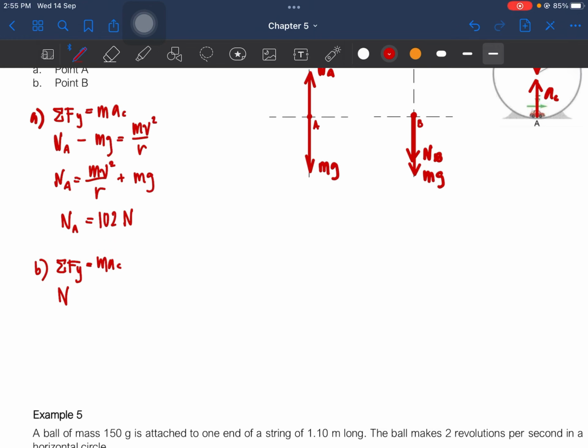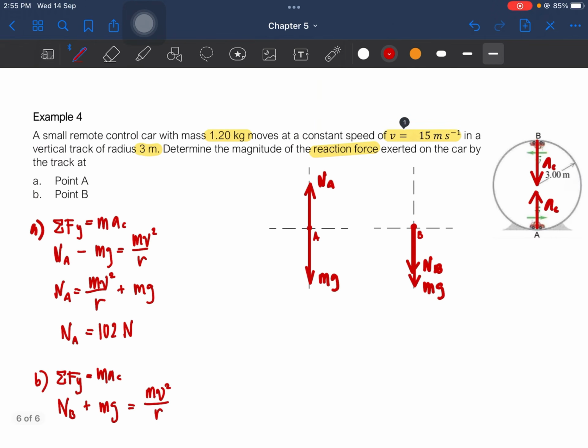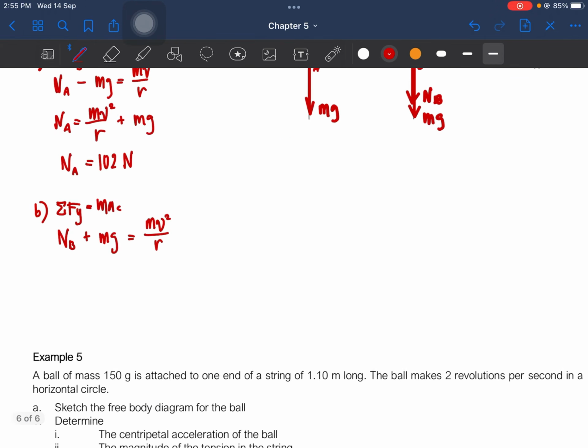So, this is NB plus mg equal to mv square over r. Okay. And then we dapat mv square over r minus mg. So the reaction force at point B is equal to 78.2 Newton.